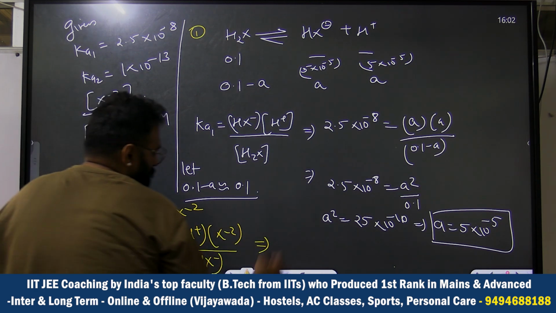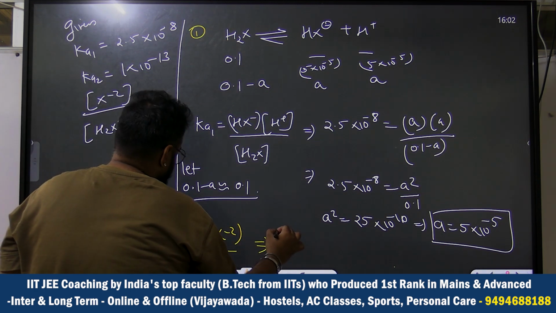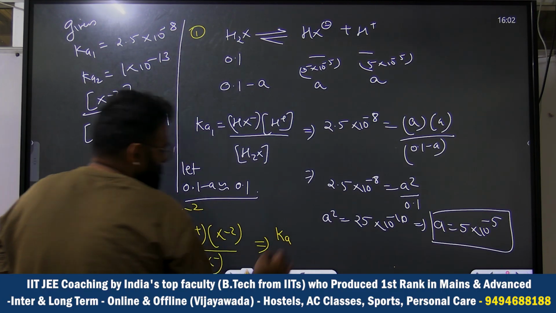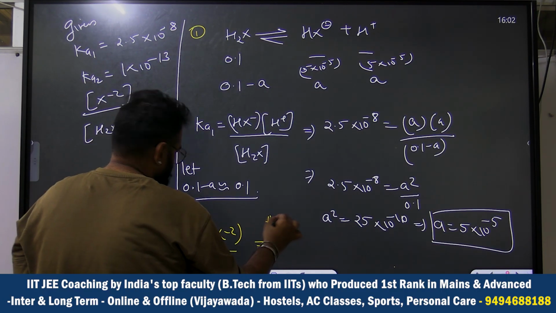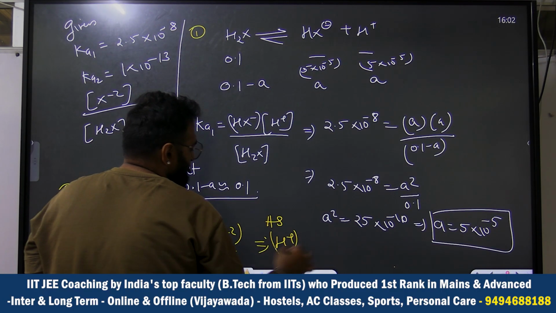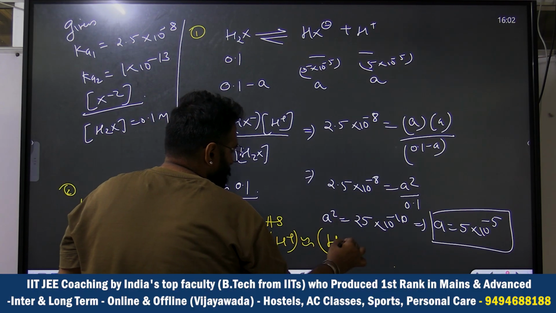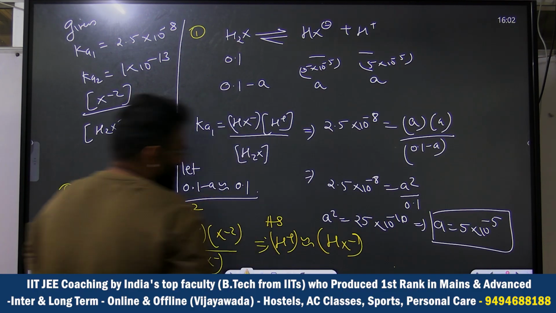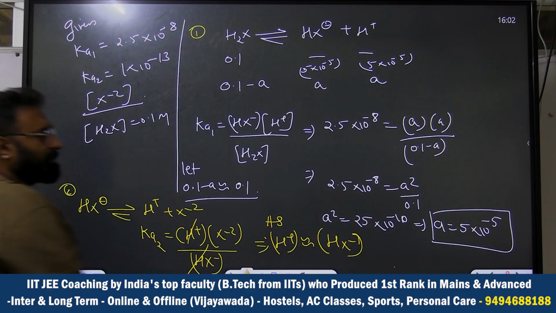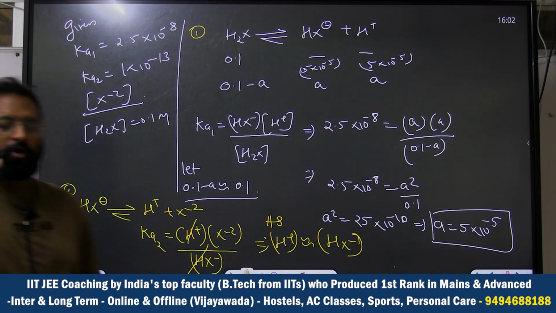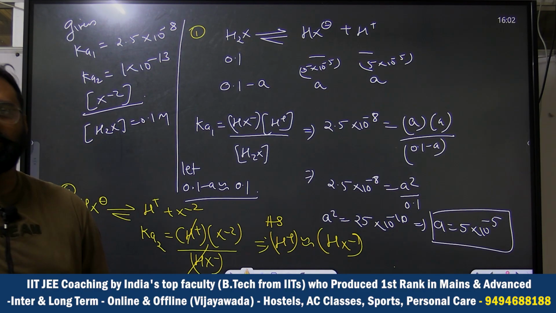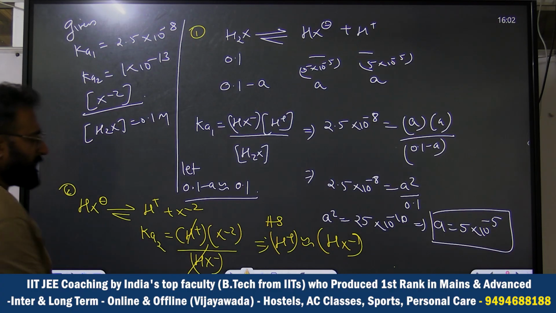So you know Ka, the concentration of H plus is nearly equal to HX minus. This we can cancel, as Ka2, second acid and third acid, acidic nature decreases.